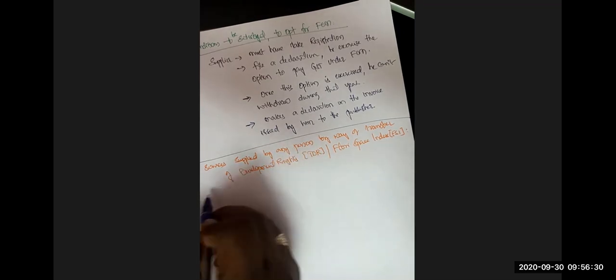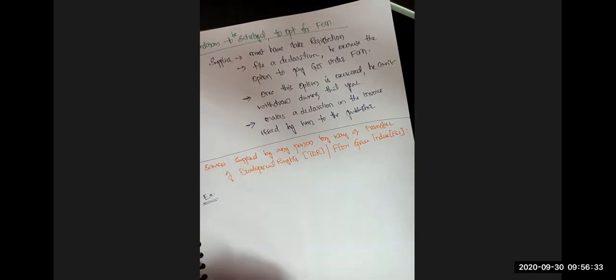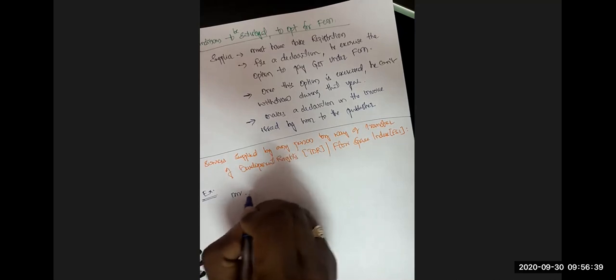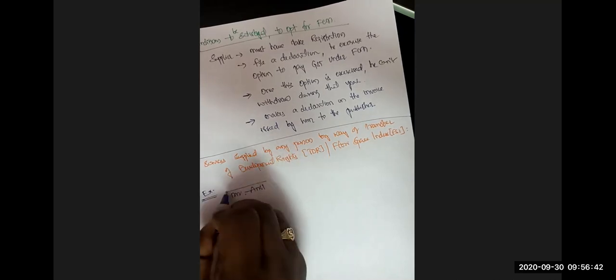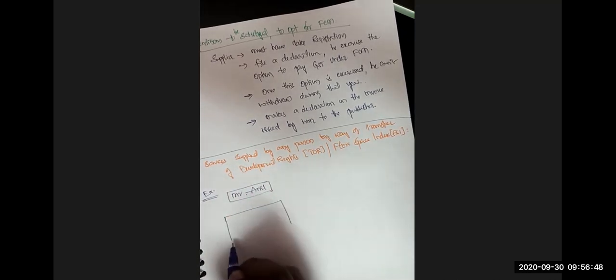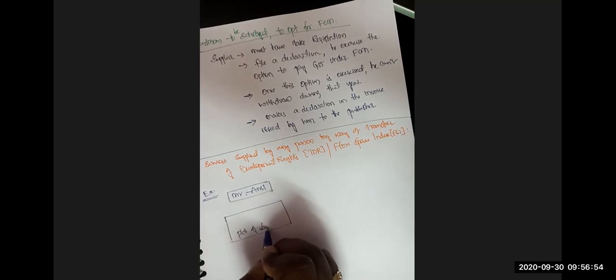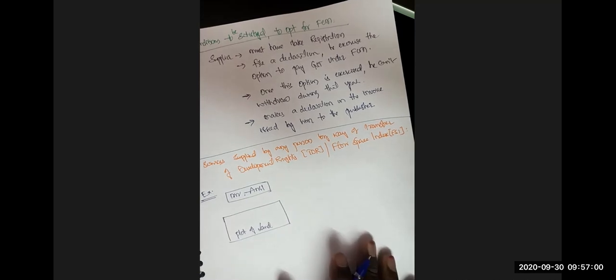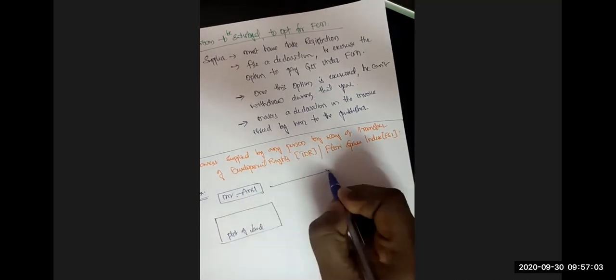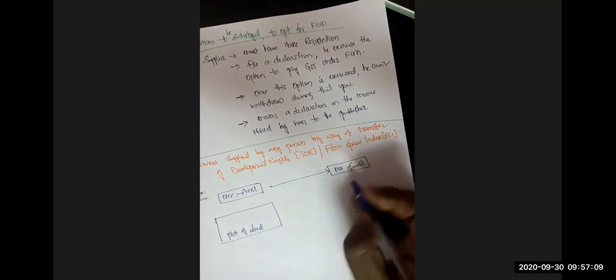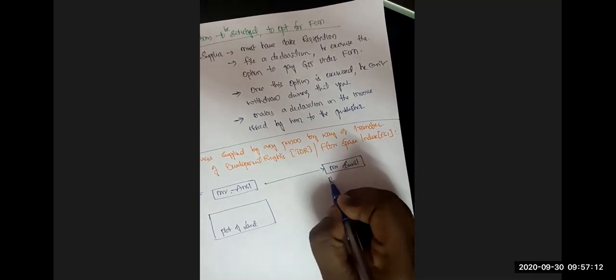Now look at here. Example. Mr. Anil is having a piece of land, a plot of land, on his name in a very reputed commercial area. He has a friend, Mr. Sunil, who is a builder or real estate developer.